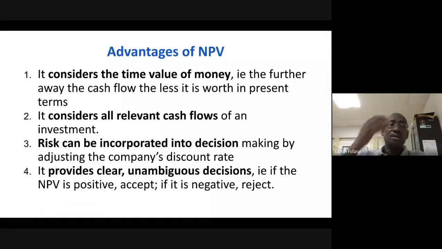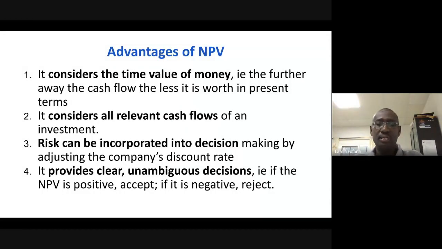Okay, so quickly, what are some of the advantages of NPV? It considers time value of money, of course. It considers all relevant cash flows of an investment, unlike the payback period, which ignores cash flows after the payback period. Risk can be incorporated into the decision because we can easily know if an investment is going to be a risky one, we avoid it.